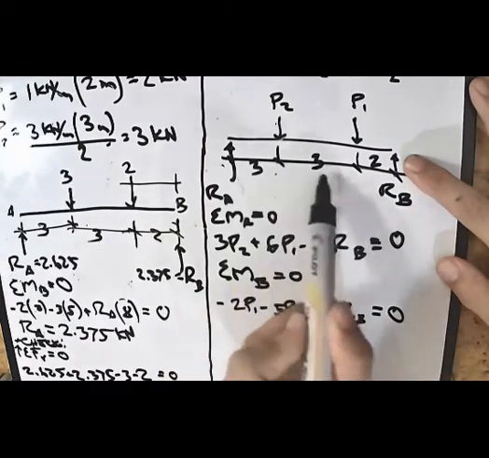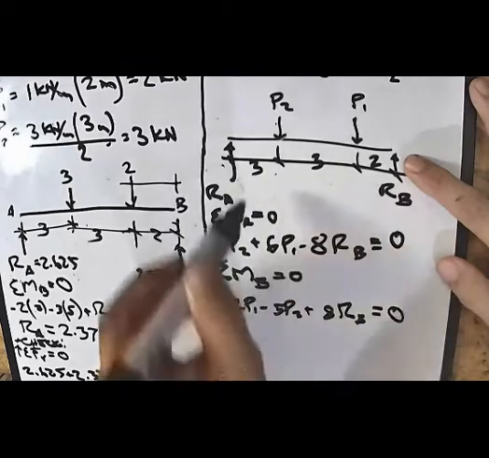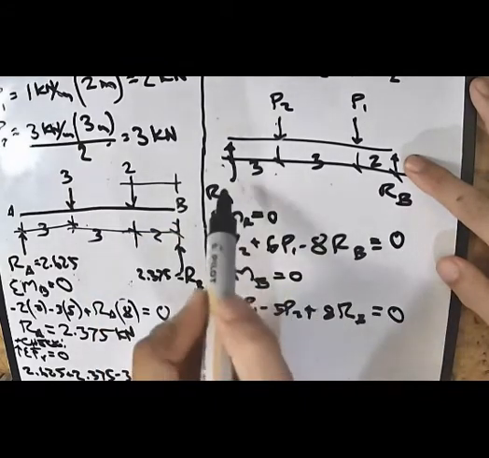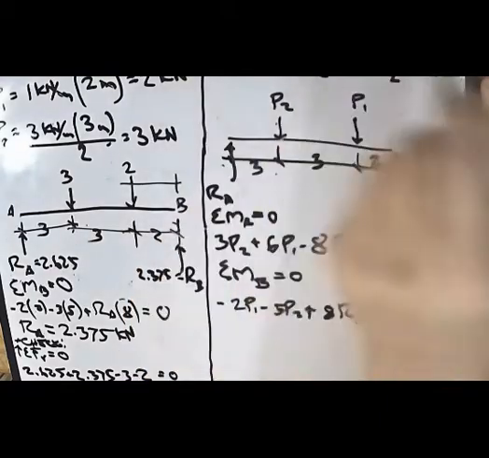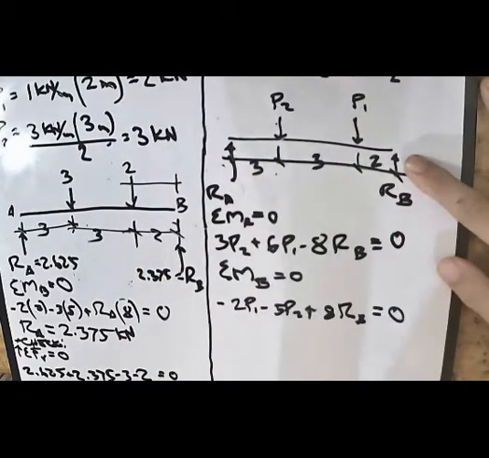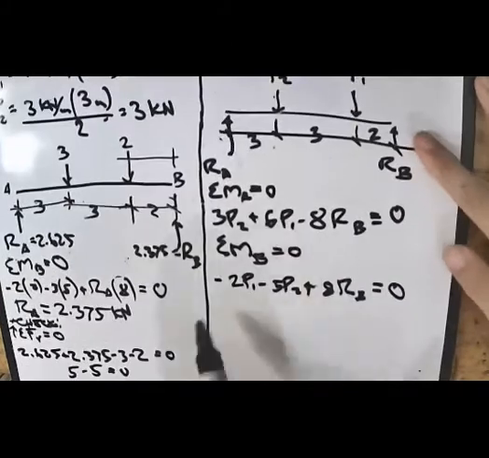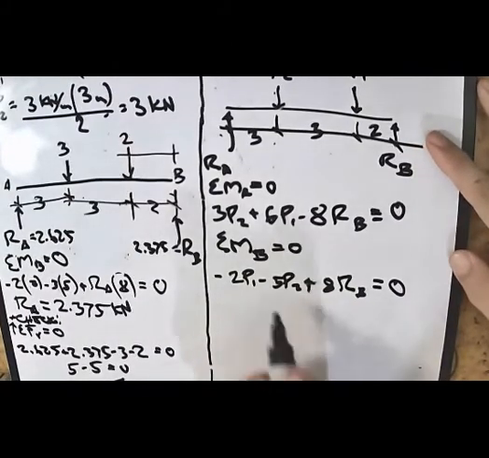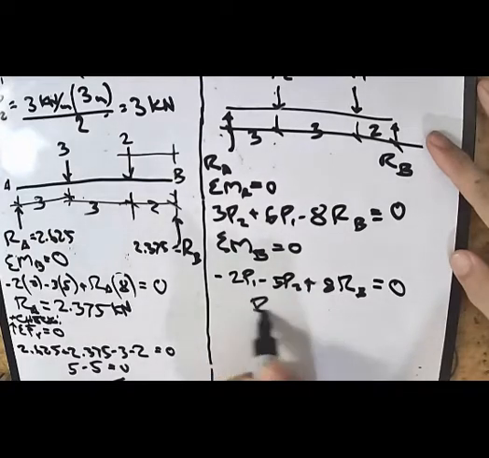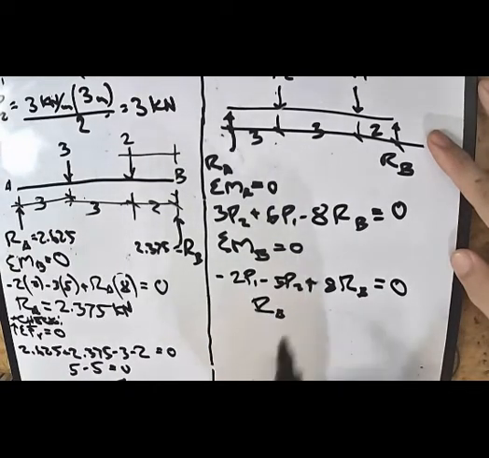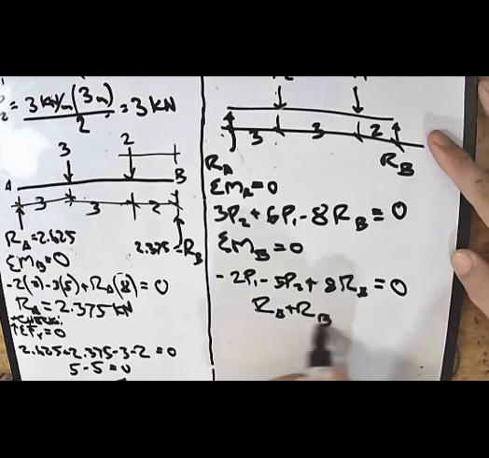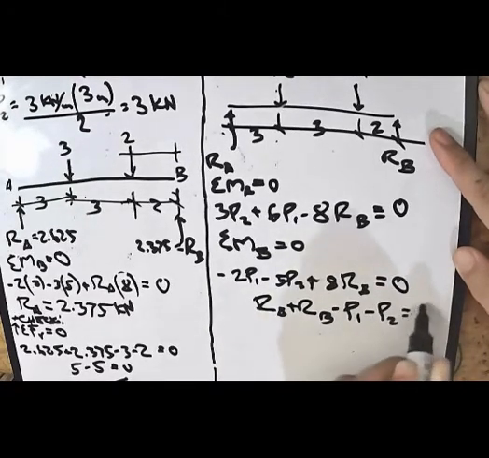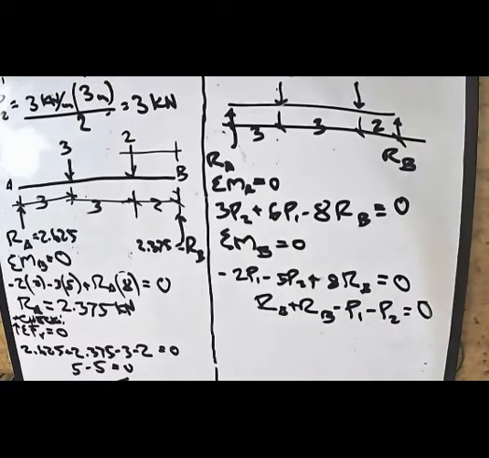Okay, so 3 plus 3 plus 2 will give you 8. And then, bakit plus ito? Dahil si reaction at A will cause a clockwise direction. So, from here, you can easily solve now reaction at A. So, reaction at A plus reaction at B minus P1 minus P2 should be equal to 0.